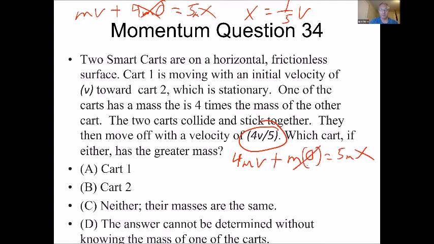Solve this for x. We're going to divide both sides by 5m, which means x is going to be equal to 4/5 the original velocity of cart 1, v. So that tells us that cart 1 has to be the heavier cart. That's the only way that we can get the 4v over 5 as the final combined velocity. Choice A.